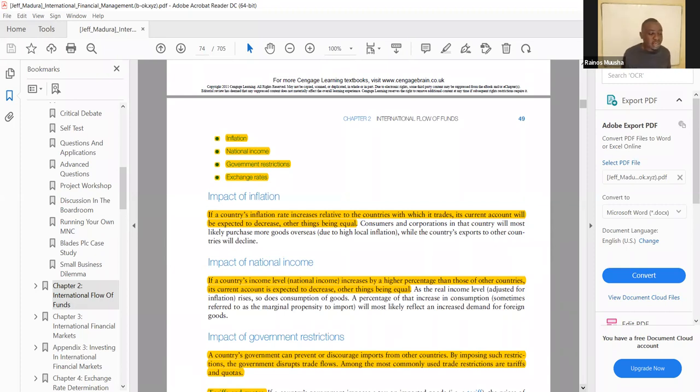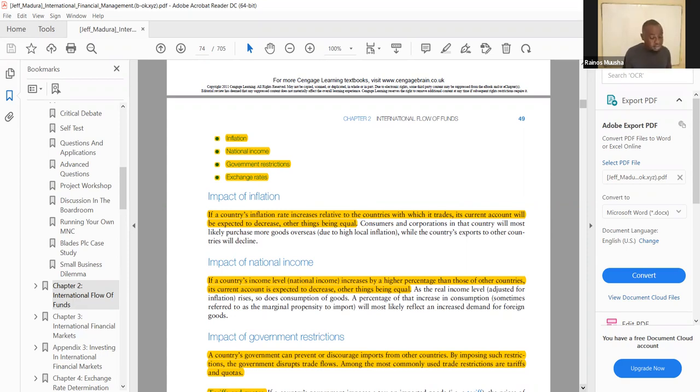Why? Mainly because, remember, when we talked about the current account, we said the current account looks at the import and export of goods and services, right? Now, when the current account is decreasing, it basically means that we have a net negative, which means that we spent more than what we got in, right?